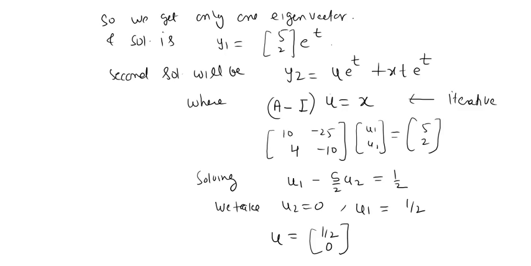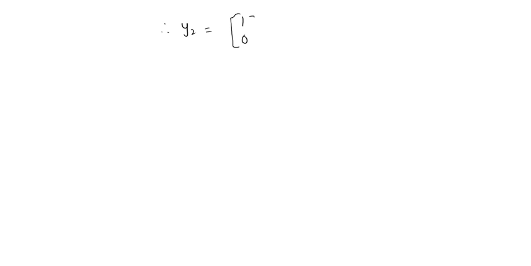Therefore y2 will be, now fit u here. If you take u2 equal to 0, u1 is a half. So 1 by 2, 0, or just take the 1 by 2 outside: 1, 0 times e power t by 2.